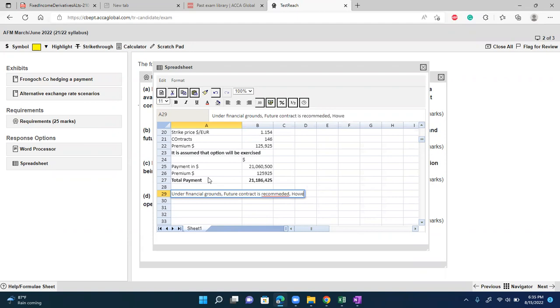However, the company should also consider the forward contract as no basis is involved in forward.